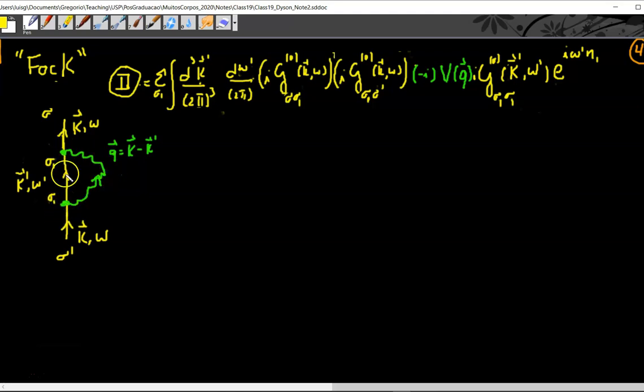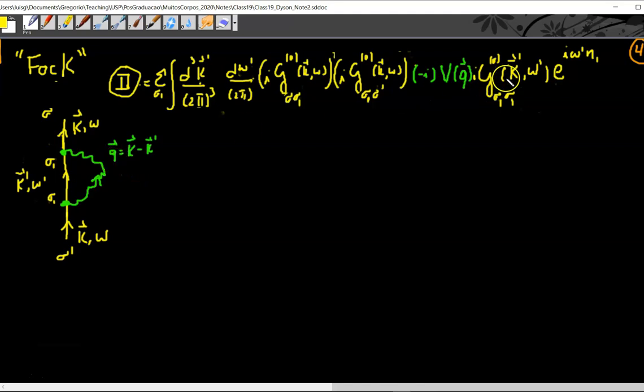So this is clearly same time propagation, and we have to add this term e to the i omega prime eta. Then finally there's this other propagator, frequency omega, momentum k, from sigma 1 to sigma. And we integrate over the internal variables k prime, omega prime, and sum over sigma 1. All right, that's the whole thing that we have to do.